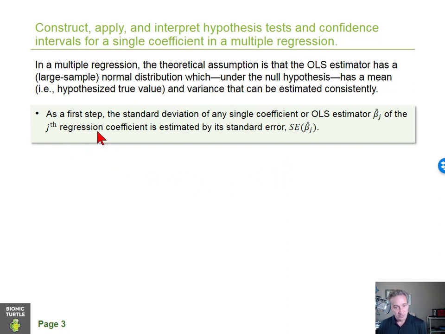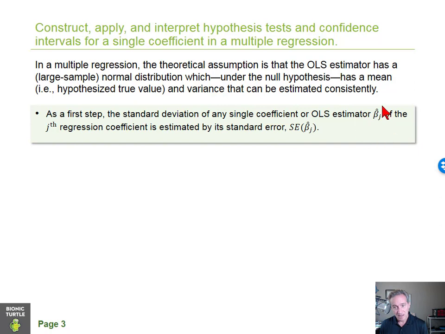So as a first step, the standard deviation of any single coefficient, or OLS estimator, which is denoted here generically with the B caret sub j, of the jth regression coefficient, is estimated by its standard error. And so this is not really new. The notation has just been generalized, but we've always said that the standard error is a standard deviation.